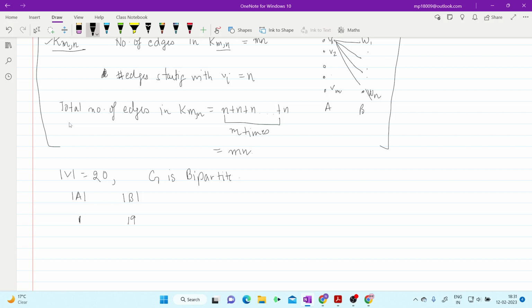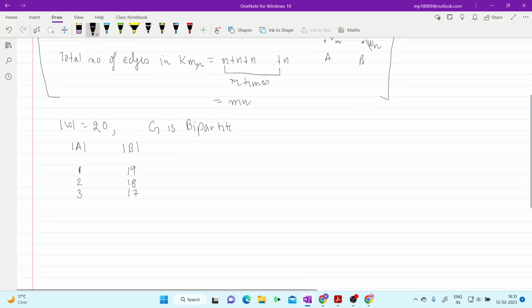We can have 1 and 19, 2 and 18, 3 and 17, and so on till 10, 10. So we have 10 possibilities. Basically, the total number of edges is x into 20 minus x, where x goes from 1 to 10.